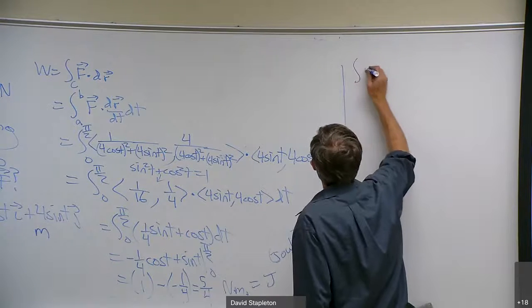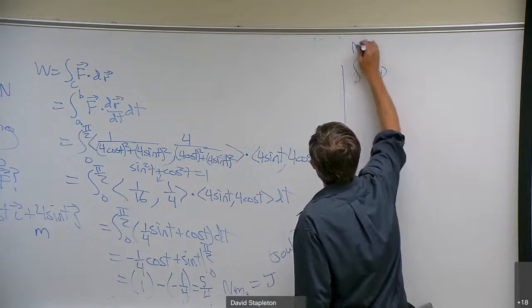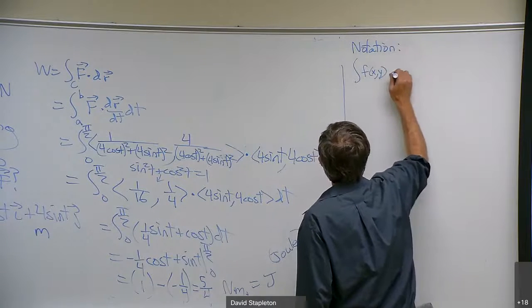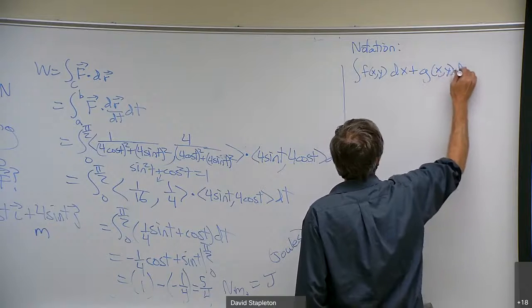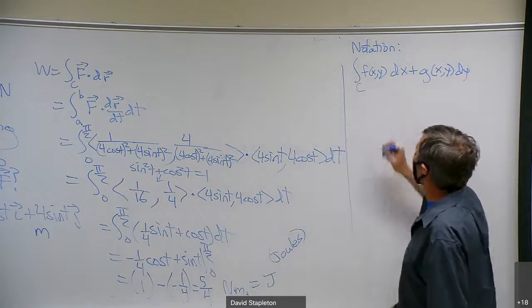Suppose I have an integral that looks like this, f of x, y dx plus g of x, y dy. I'll call this notation, even though the book introduces it a little differently. What does that mean if I write that notation along a curve?